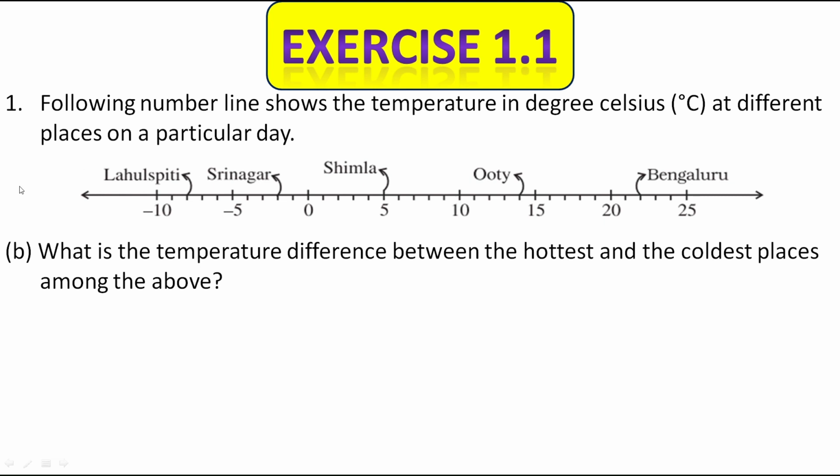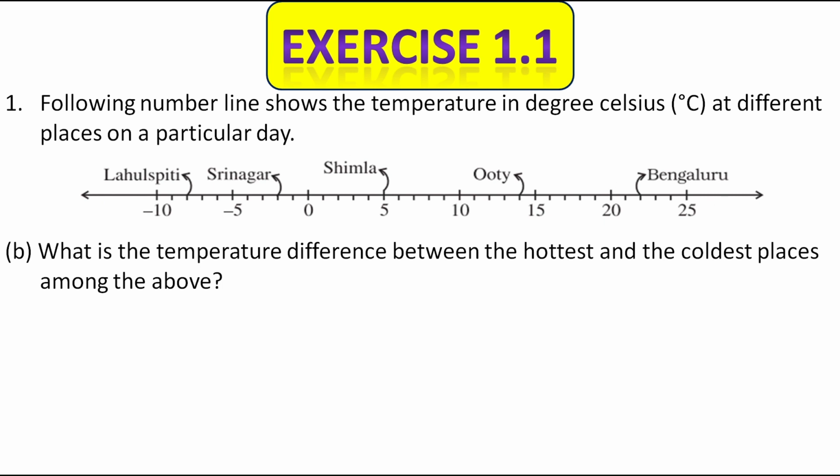That means the places on the right side of 0 have the highest temperature, and the places on the left side have the lowest temperature. Here the leftmost place is Lahul Spiti, so it is the coldest place, and the rightmost place is Bengaluru, so Bengaluru is the hottest place.